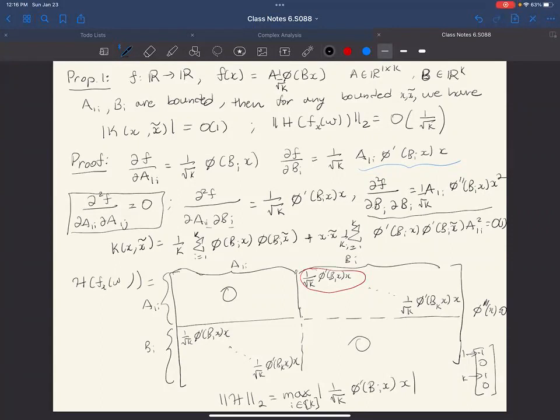And so because the b_i's are bounded and the x's are bounded, this whole part is a bounded quantity. And so this max is just order 1 over root k. And so as k grows larger and larger, what this proposition says is that the spectral norm of the Hessian goes to 0, while the kernel is constant. And so in fact, at this initialization, your neural network is very well approximated by a linear function. In fact, it converges to a linear function as this width grows to infinity.